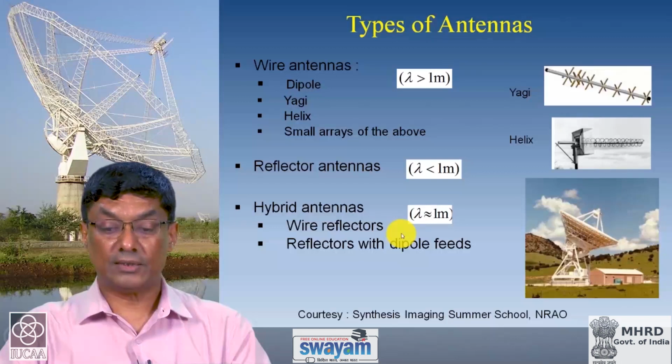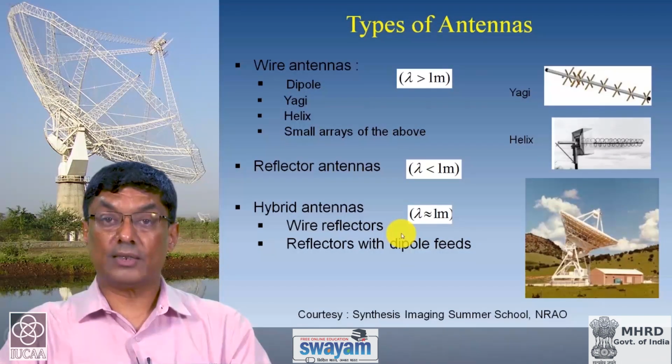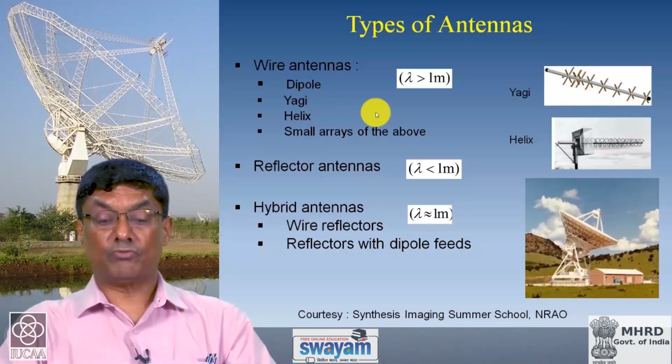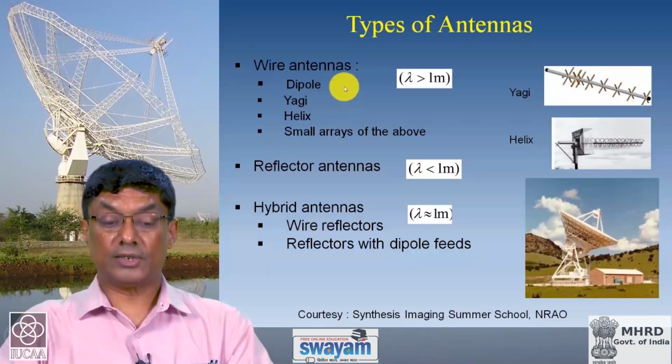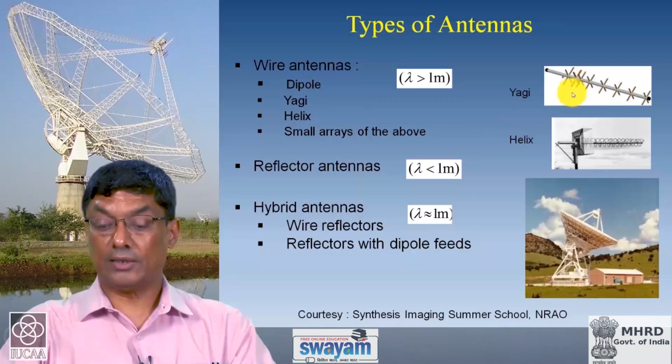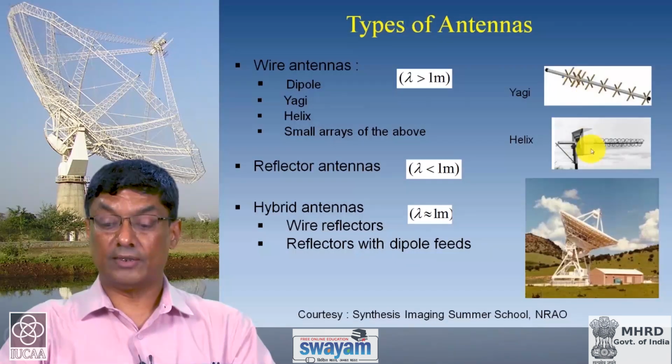of radio antennas that are used, and to some extent the kind of antenna that you use varies depending on the frequency or the wavelength at which one is working. So, for example, at very long wavelengths, longer than a meter or so, one prefers to use wire antennas such as dipoles and Yagis, the kind that are shown on the right here.